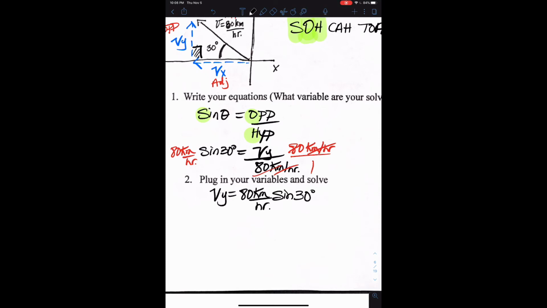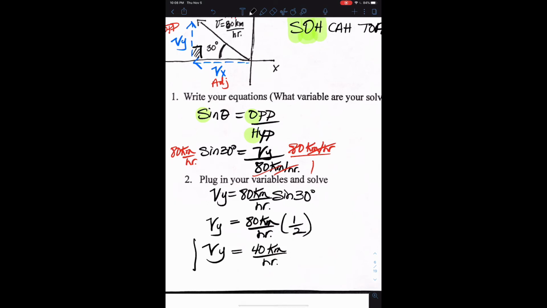So what I'm saying is we can do this in our heads. Half of 80 is 40. All right, there we are.